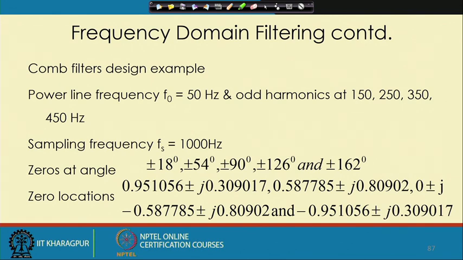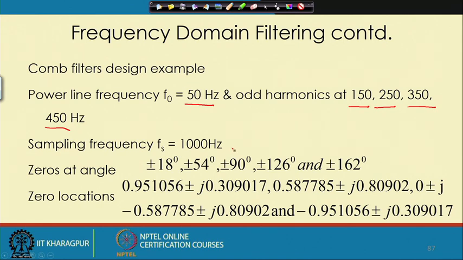So, along with our 50 hertz power line signal, we get the third harmonic at 150 hertz, the fifth harmonic, seventh harmonic, ninth harmonic, and as we go to higher harmonics, we see the strength goes down at every step. So, if we take 2 to 3 harmonics, that would be sufficient. Here we have taken 4 harmonics along with the primary frequency.